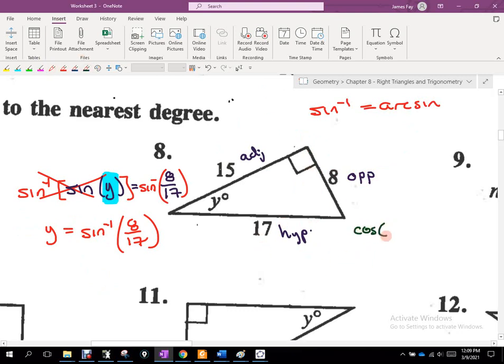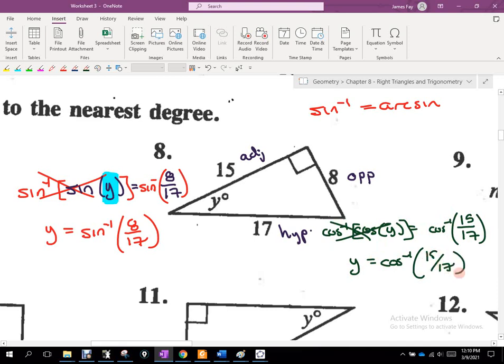If I would have gone cosine of y, what's cosine of y? What's the ratio there going to be? 15 over 17. And if I inverse both sides there, it would be cosine inverse here, cosine inverse there. There's a direct cancellation there. It leaves me y equals cosine inverse of 15/17.